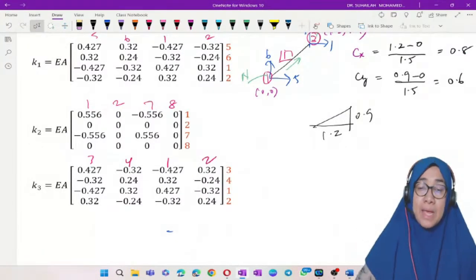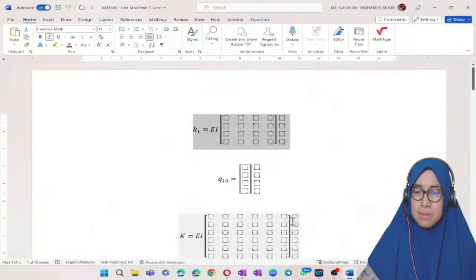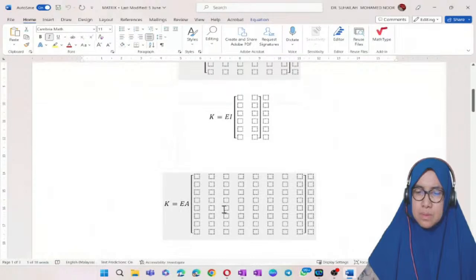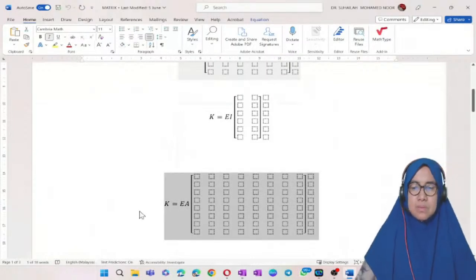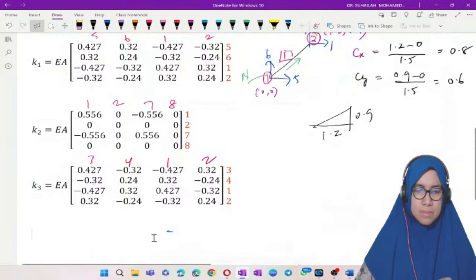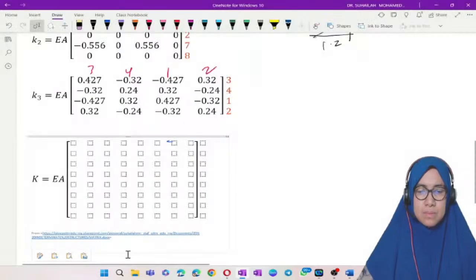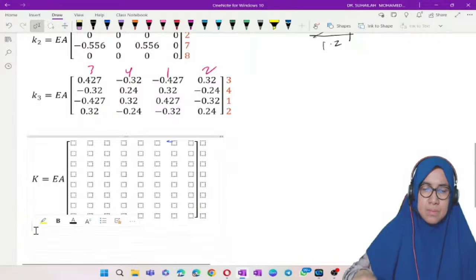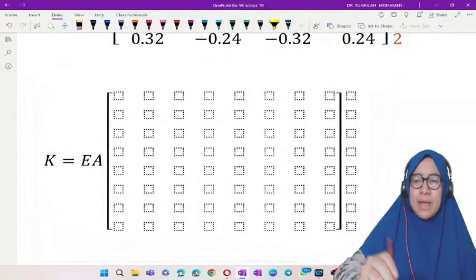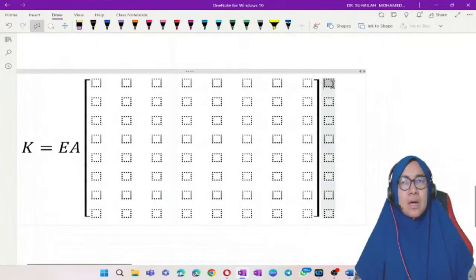It is 8 by 8, because the truss has 4 nodes, so in total there are 8 degrees of freedom.